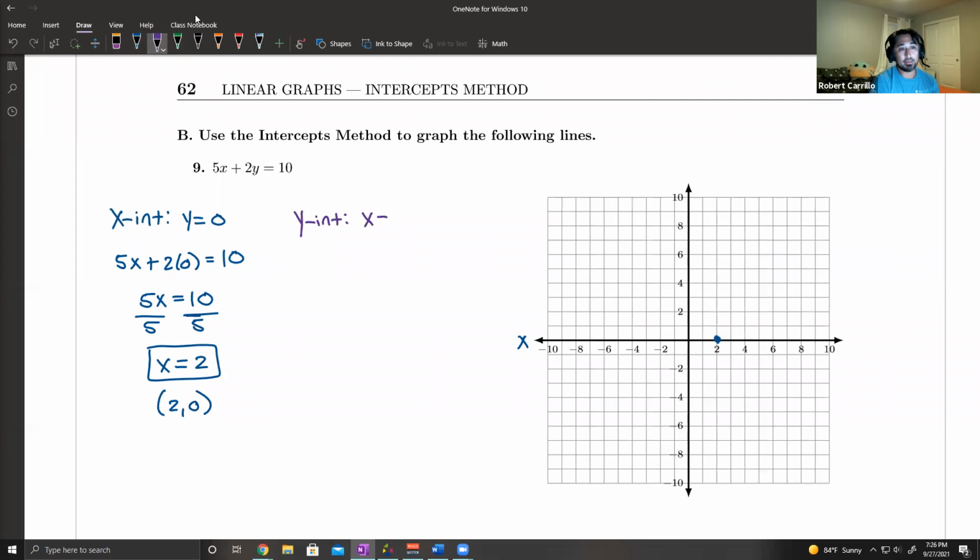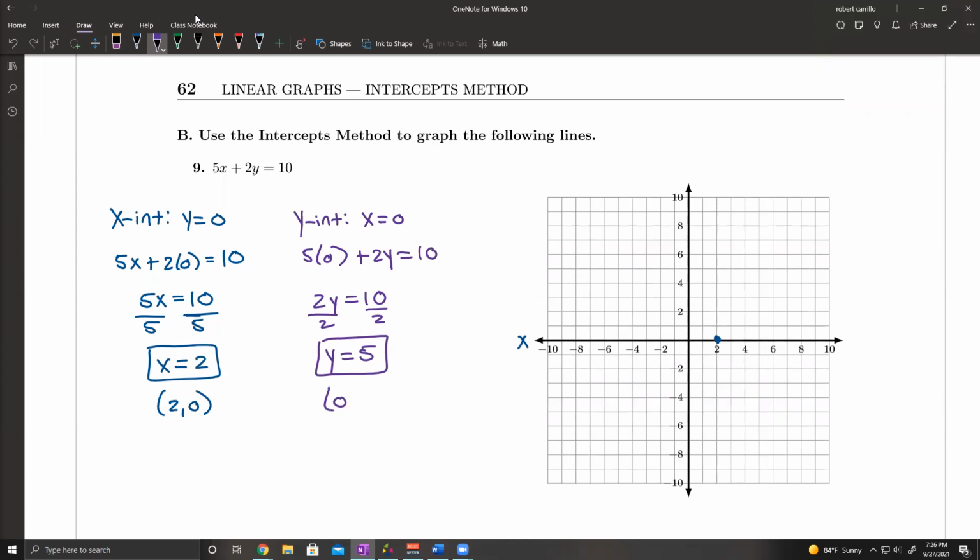For the y-intercept, you let x equal 0. I'll get 5 times 0 plus 2y equal to 10. 2y equals 10. Divide by 2, and y equals 5. Put it as a coordinate (0, 5).